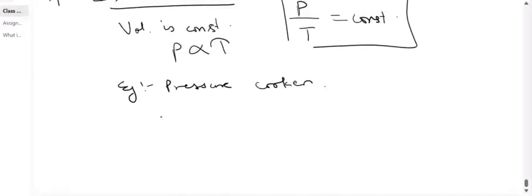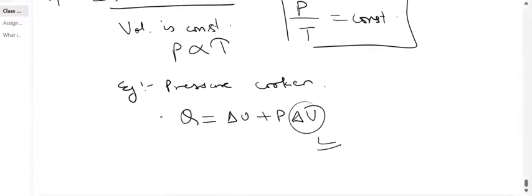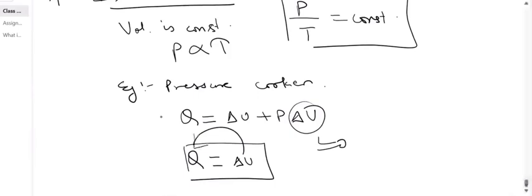So here my first law of thermodynamics, that is delta U plus P delta V. In this, the volume is not changing, so this is 0. Hence, it will be Q equals delta U only. That means internal energy is making the change and the heat change in the system. Understood or not?